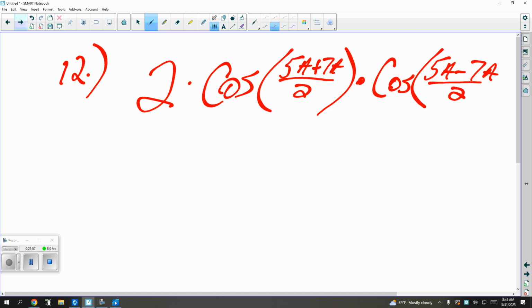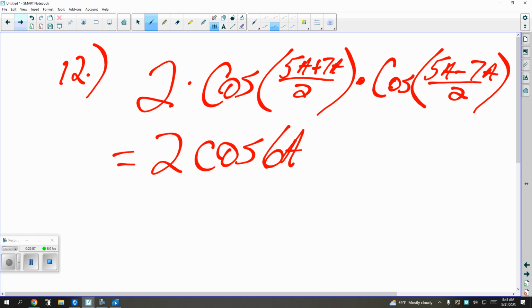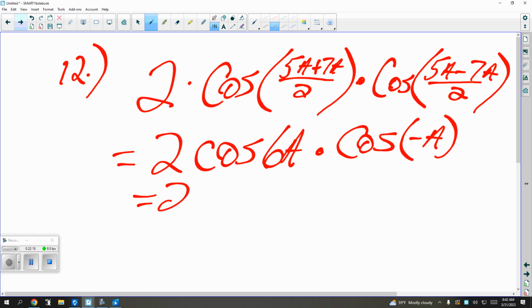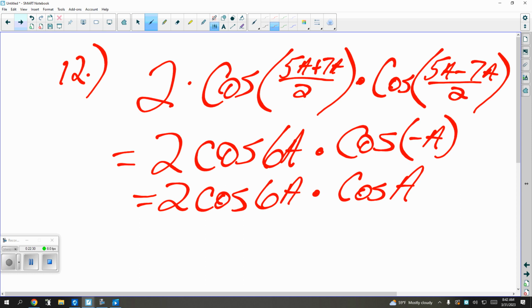And that equals 0, but I can't do that right now because I write too big. So it's 2 cosine 6a times cosine of negative a. But everybody knows that cosine of negative a is the same thing as the cosine of a. Equals 0.